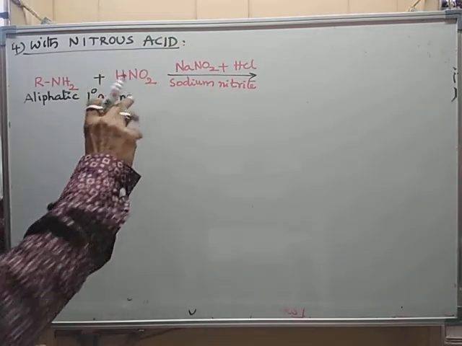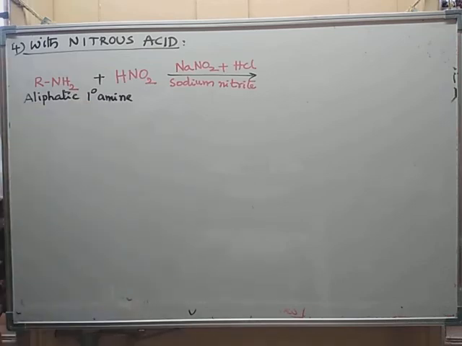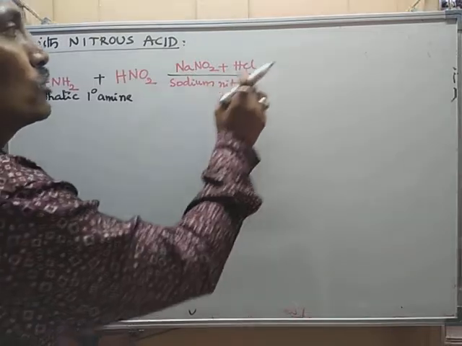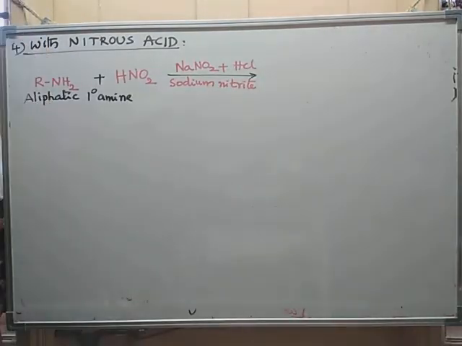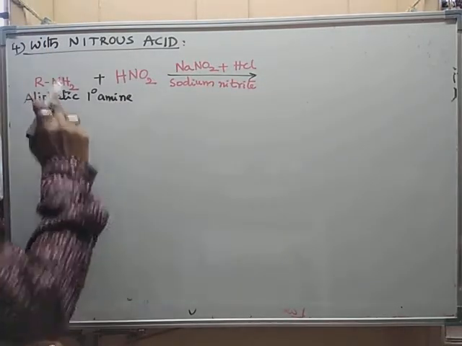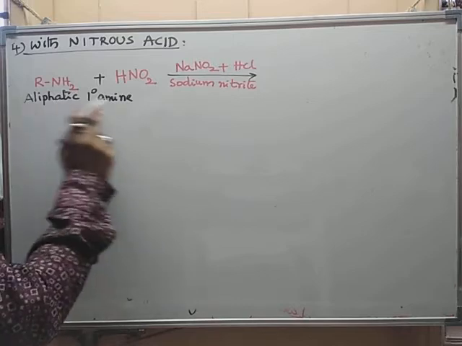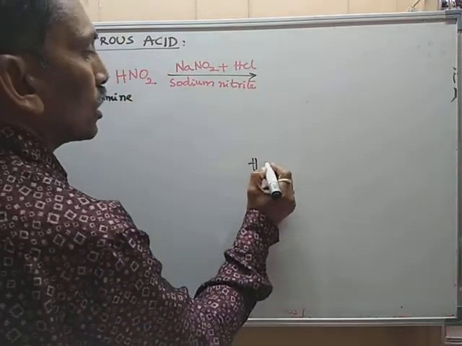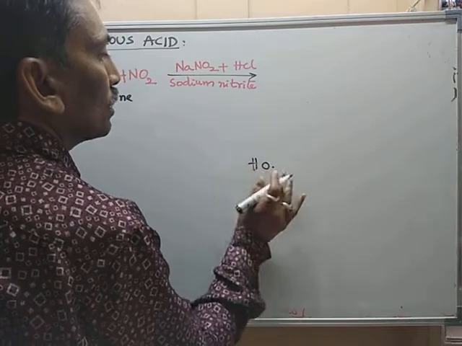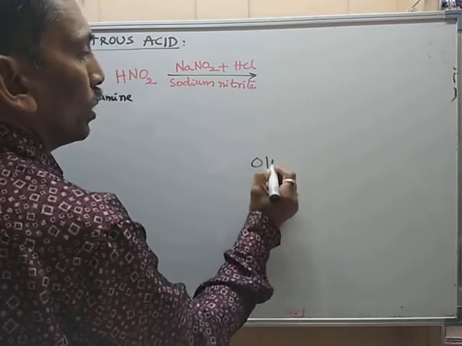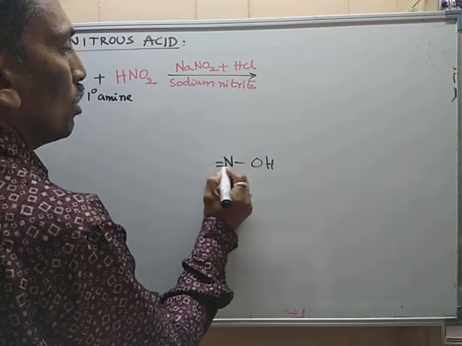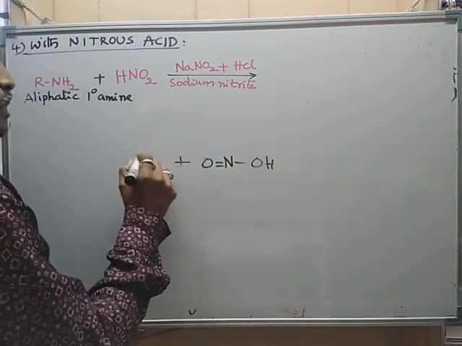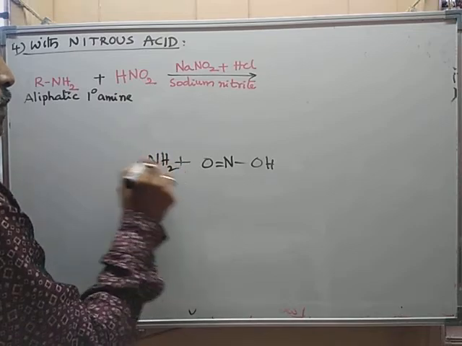It is prepared whenever required by a mixture of a salt, sodium nitrite, and acid HCl. Then here a salt is formed between these two. The combination is like this. This is the structure, OH, N double bond O, that is HNO2, is treated with RNH2.